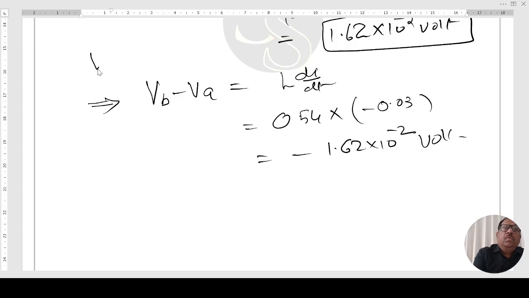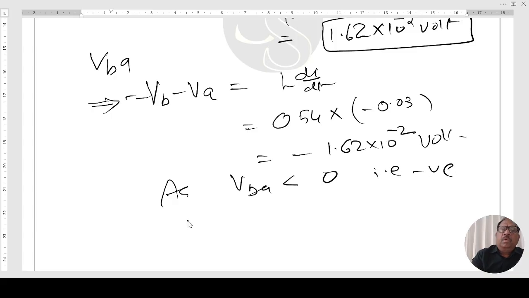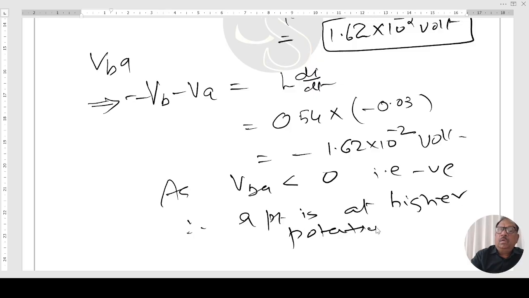This is equal to VB minus VA. Now, as VB minus VA is less than 0, that is negative, therefore point A is at higher potential than point B.